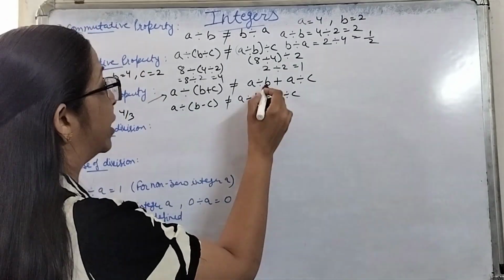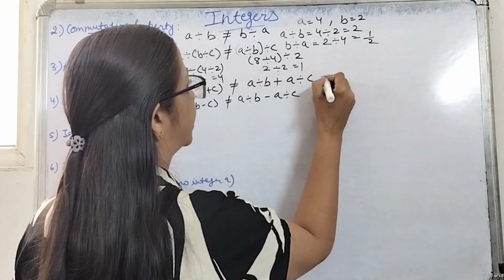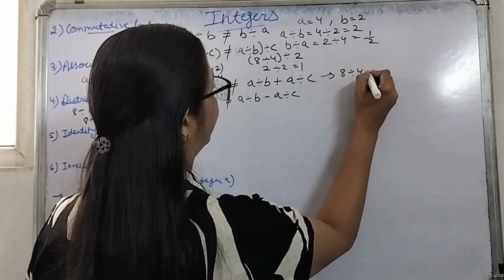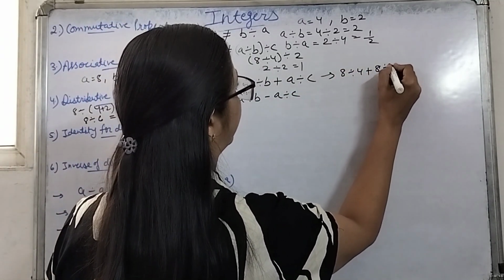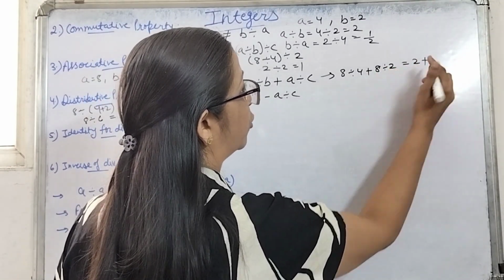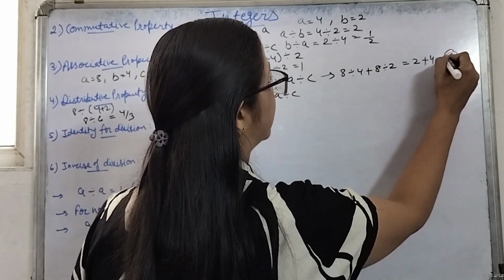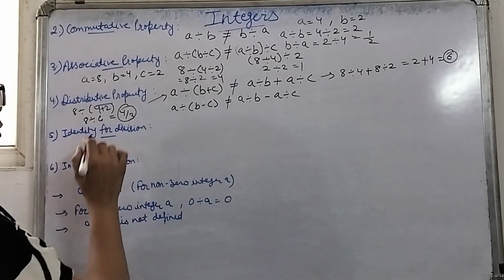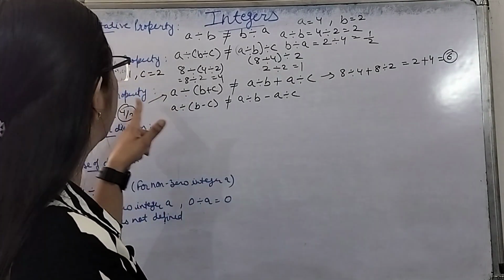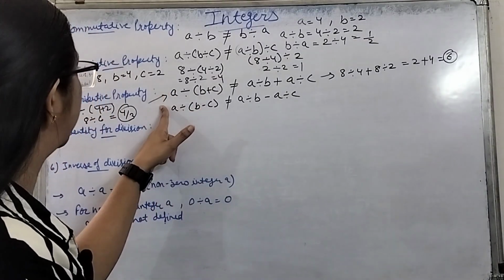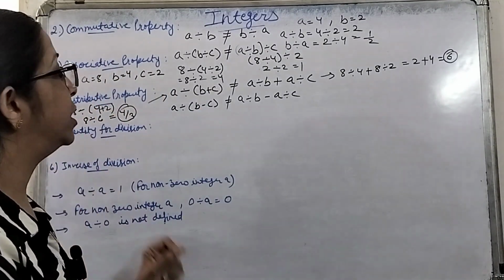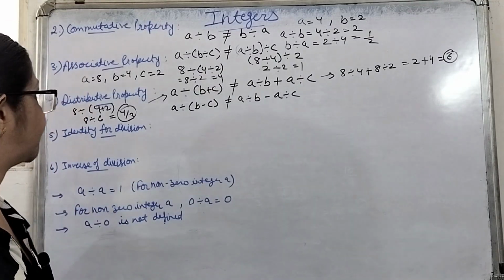Now solving the RHS part, a is 8: 8 divided by 4 plus 8 divided by 2. 8 divided by 4 is 2, plus 8 divided by 2 is 4, so the value will be 6. Here it is 6, here it is 4 upon 3. Both are not equal. Similarly, we can check it for subtraction also. So we say that division of integers does not satisfy the distributive property.